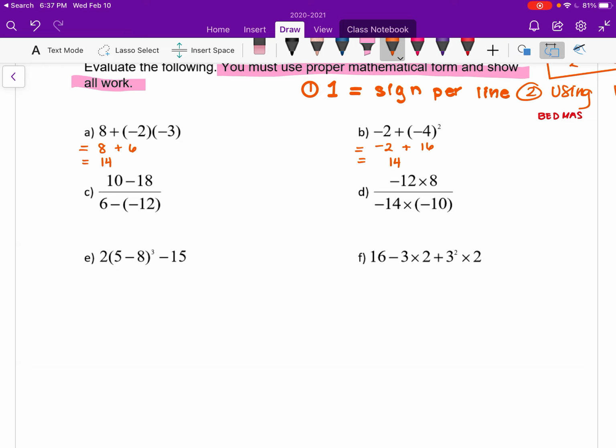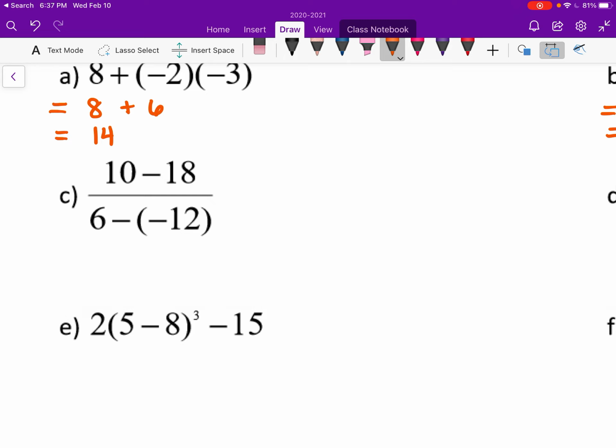All right, welcome back. So if you're given a fraction, pretend like there's always invisible brackets on the numerator and the denominator. So you always have to do the numerator first and the denominator first. We do 10 minus 18 because it's in brackets.